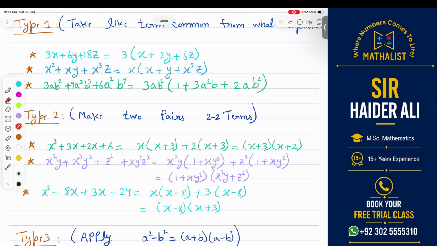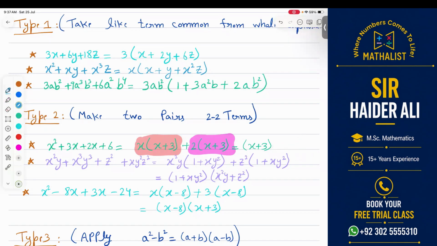When you take the common x from the first 2 and 2 from the second 2, you can observe in the first expression x plus 3, and in the second expression also x plus 3. So x plus 3 is the same factor that is available in the first term, and also in the second term. So when it is available in both terms, we can take x plus 3 common.